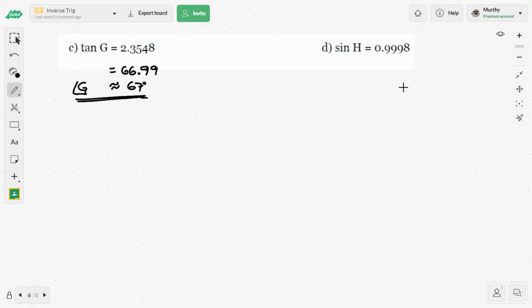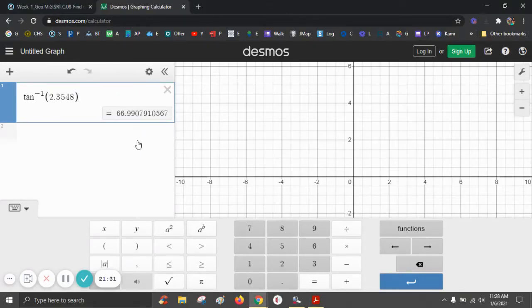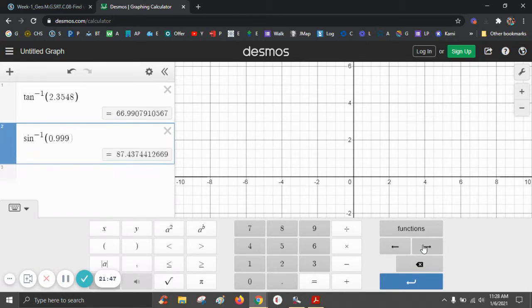In the same way, sine H is 0.9998. Therefore, let me type sine, exponent is -1. Use right arrow key, parenthesis, 0.9998.